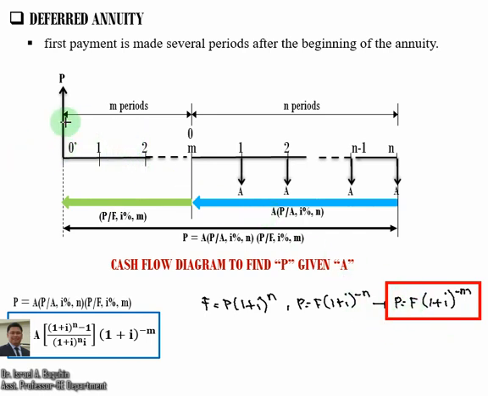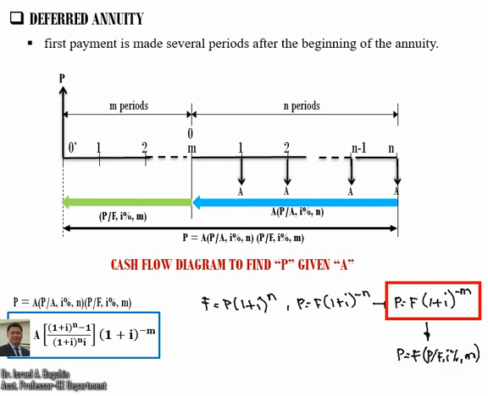So we are getting the value of our principal using the M period, in which P is equal to the future worth F times the quantity 1 plus I raised to the negative M. This quantity is equivalent to the designation P is equal to F times P given F, I percent, M periods.